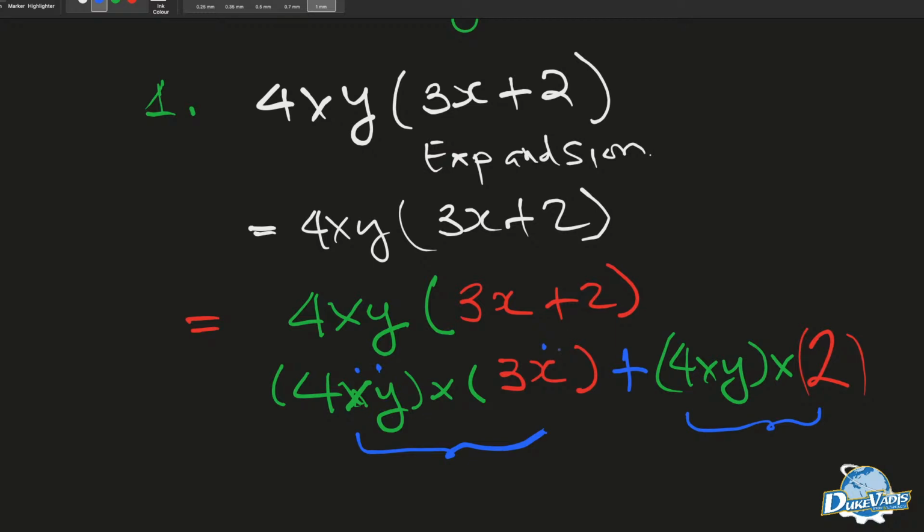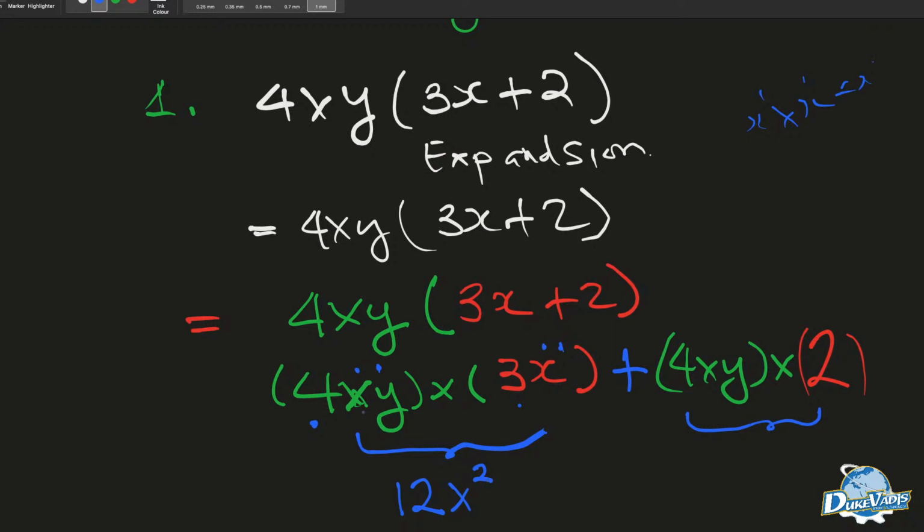If I multiply 4 by 3, I will get 12. Then x multiplied by x, since the power of x is 1, will be x to the power 2, x squared.